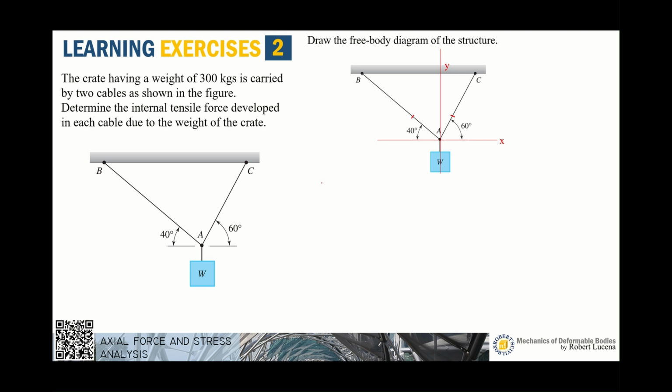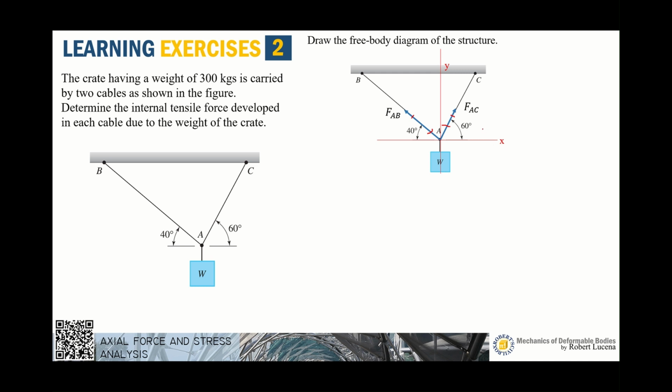If we want to get the internal reaction for cable AB and cable AC, we have to cut somewhere here or here and then draw the internal reactions, that is FAB and FAC. Now, observe, this is a concurrent coplanar force system.